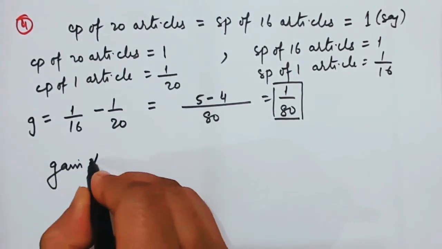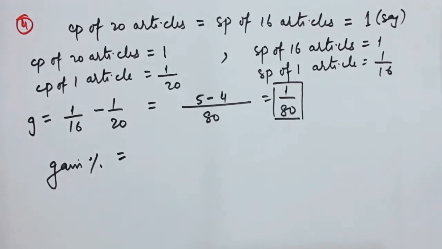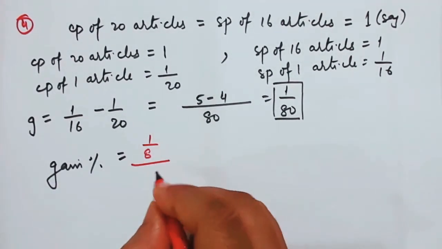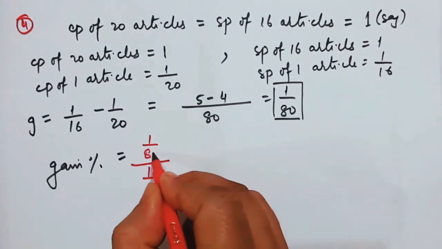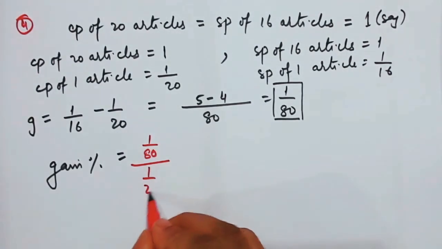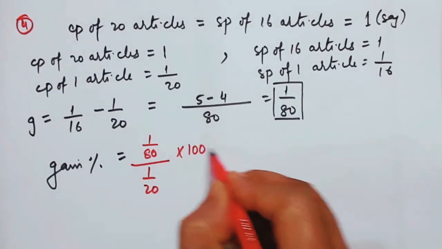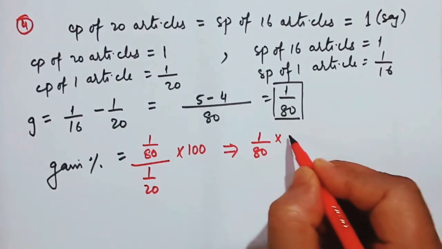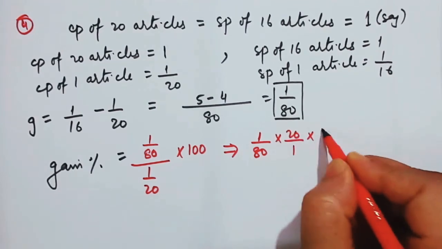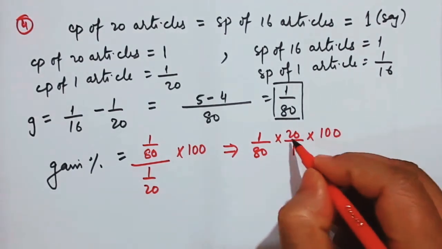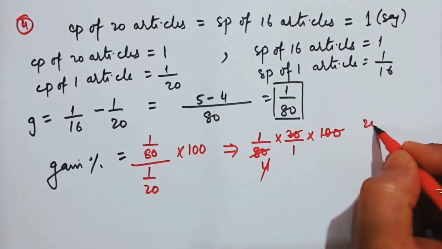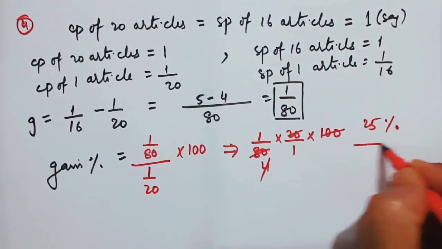Gain percent will be equal to gain by CP times 100. Gain by CP times 100. So 20 times, is equal to 25%.